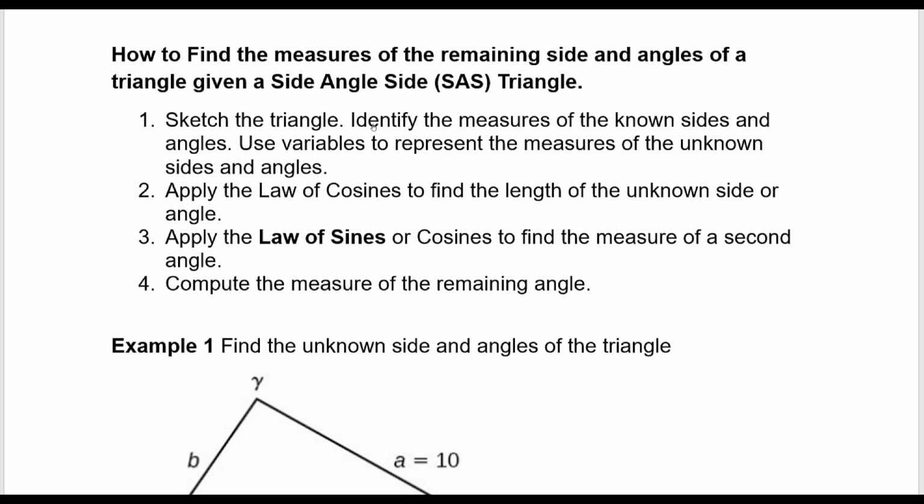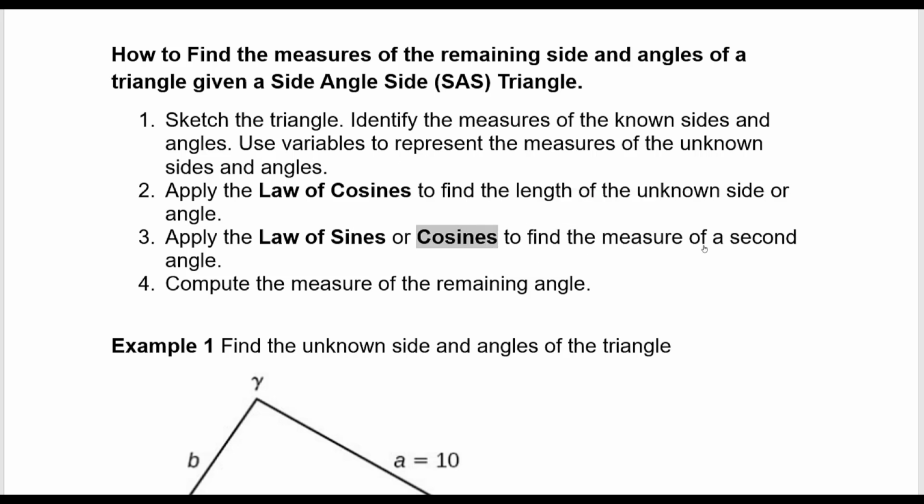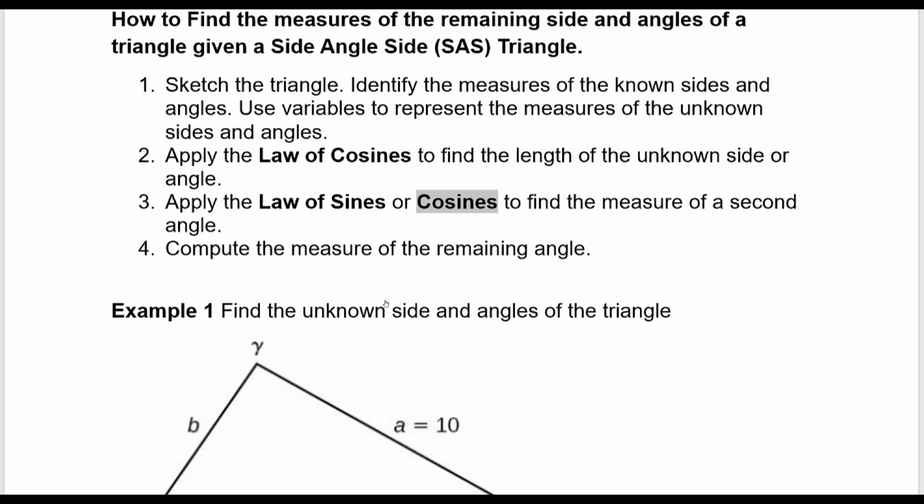So sketch the triangle, identify the measures of the known sides and angles, use variables to represent the measures of the unknown sides and angles, apply law of cosines to find the length of the unknown side or angle. Then apply the law of sines or cosines to find the measure of a second angle, and then compute the measure of the remaining angle.